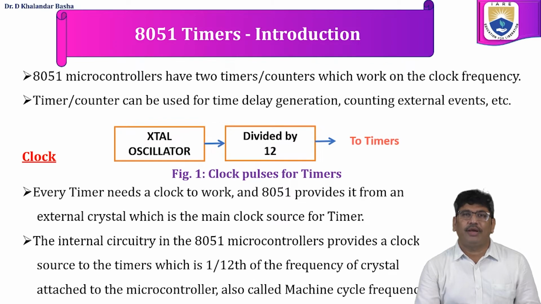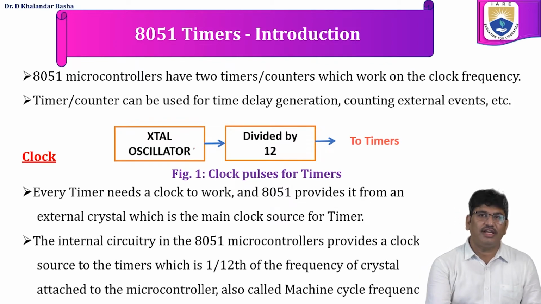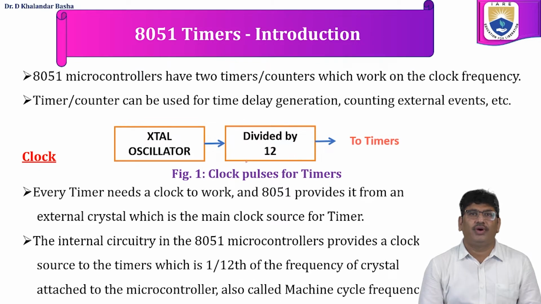For the 8051 microcontroller, the crystal oscillator which is connected to the XTAL1 and XTAL2 pins will generate a clock frequency of 11.0592 MHz. Whatever clock frequency is generated will be divided by 12 for one machine cycle. These pulses, divided by 12, are given to the timers, either for timer application or counting application.